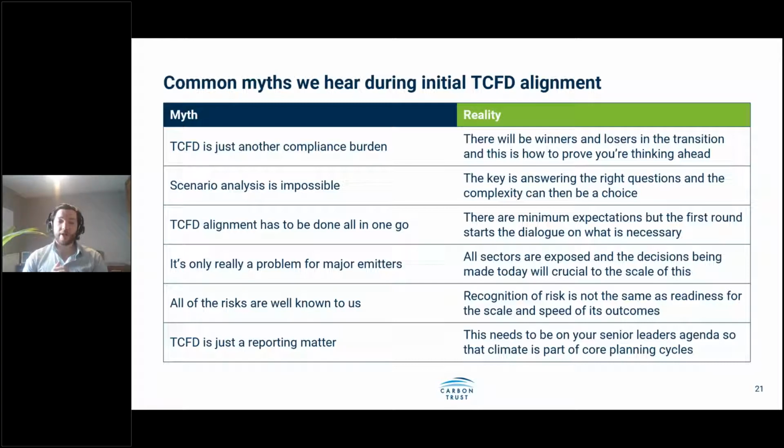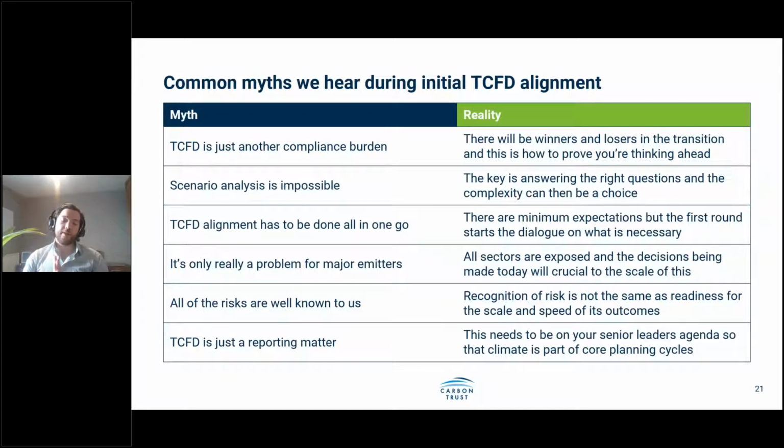Part of this is around that engagement with your key partners and stakeholders to really understand what is needed by them, and using initial disclosure as the key way to structure that dialogue in the future, rather than leaving it as just you need to do TCFD.